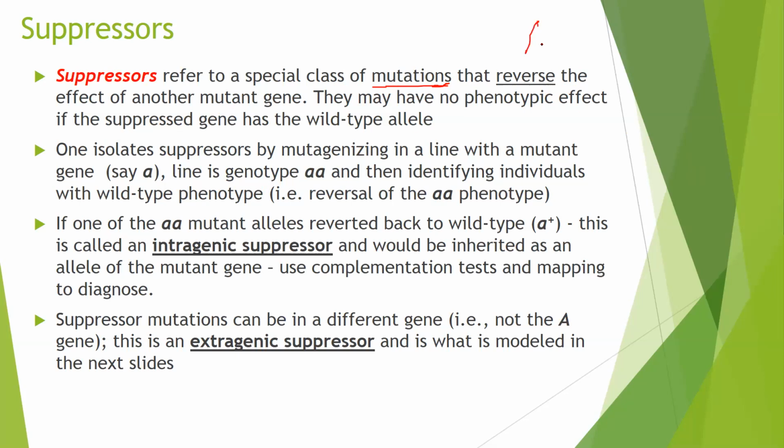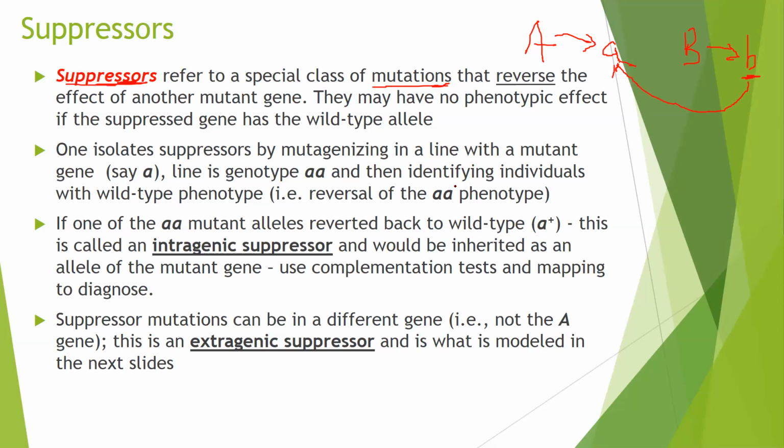Let's say the A gene and the B gene. If the first gene is mutated, you're going to see the mutant phenotype. However, if the B gene is also mutated, and the mutation of the B gene can reverse the mutant effect for gene A, then we say B is a suppressor.